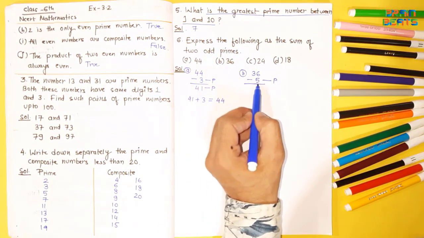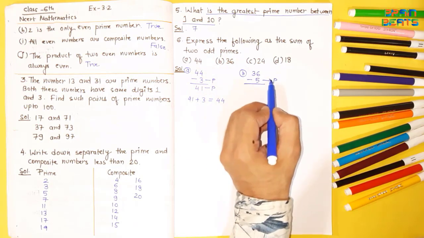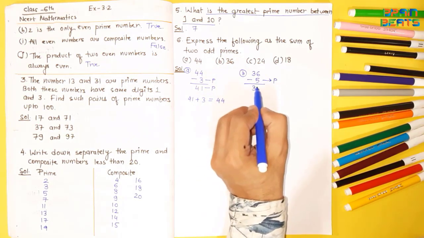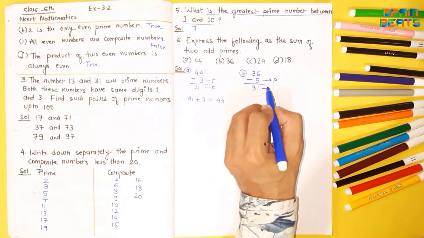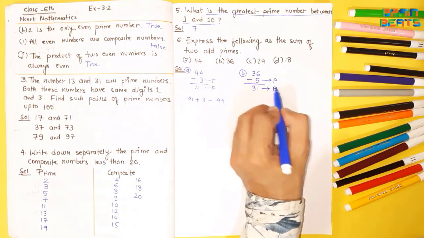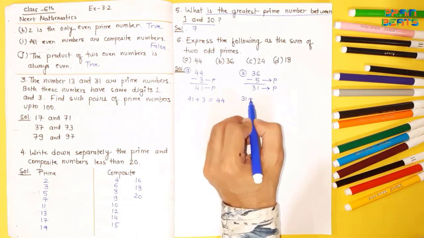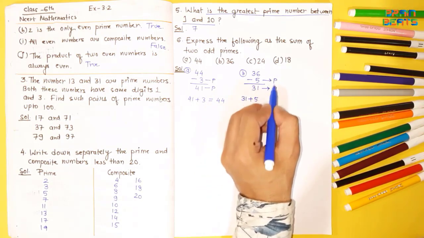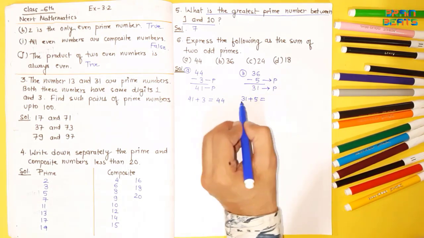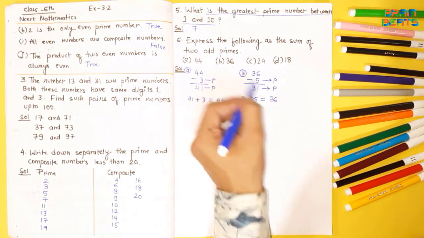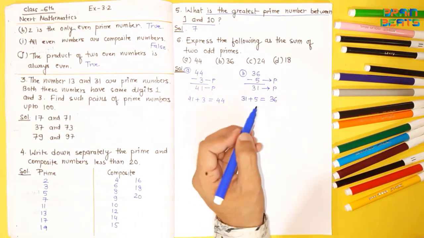So what will come? The answer will be 31. And yes, 31 is also a prime number. So we can write 31 plus 5, these prime numbers as a sum, and the answer will be 36. Yes, 36 is coming as the sum of two odd primes.